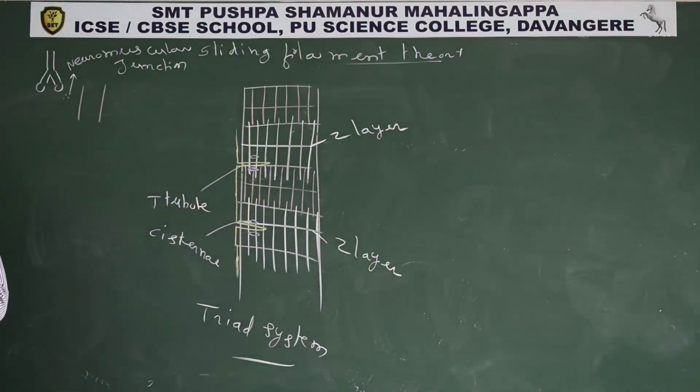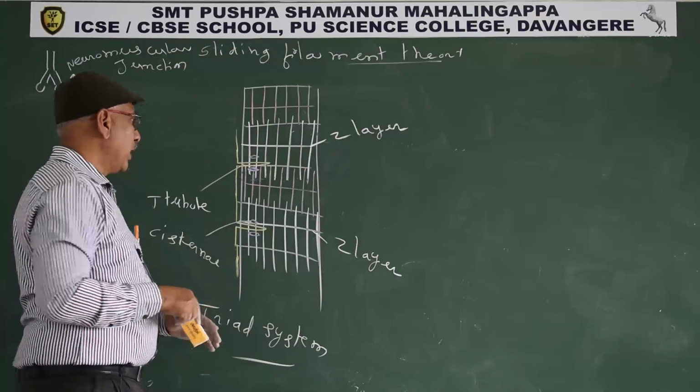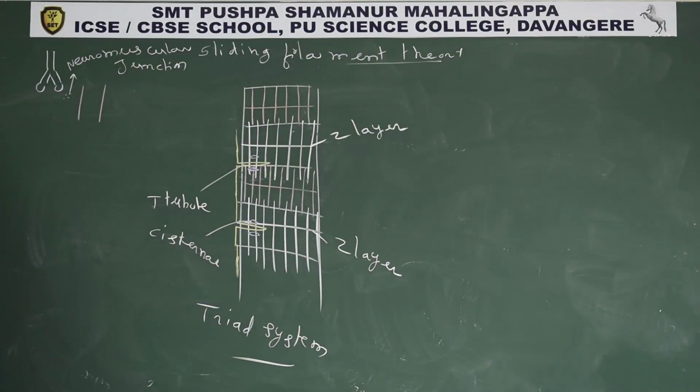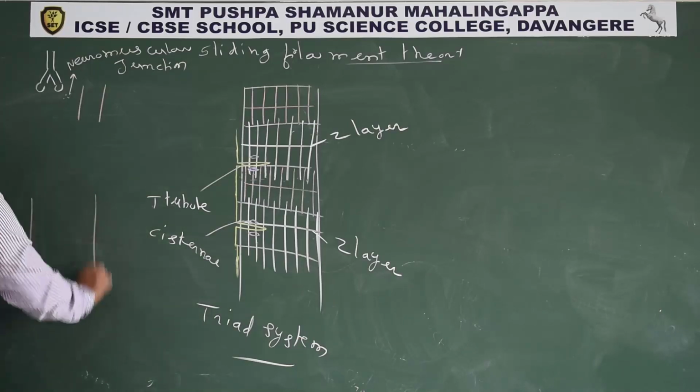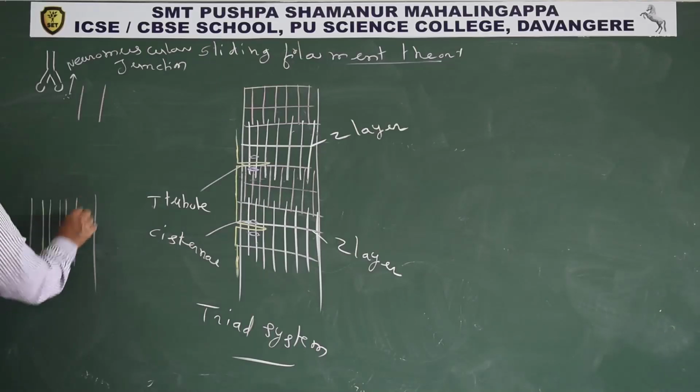Triad system plays a key role during muscle contraction. This is a myofibril. You all know in a muscle cell, several myofibrils are present parallel to the longitudinal axis.